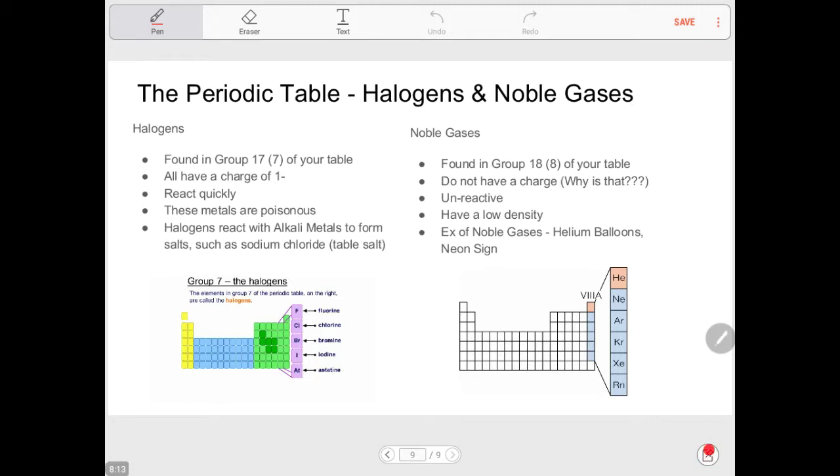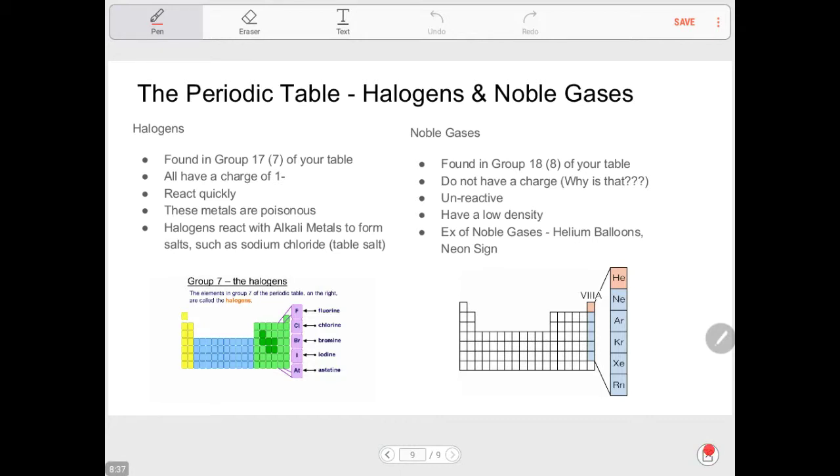If we shift now all the way to the other side of the periodic table, you will have 2 more groups. You have your halogens. They are group 17. They all have a charge of -1, and the 288 rule will tell us why. They react quickly. They are poisonous. They do react quickly on the alkali metals with various other elements such as sodium.